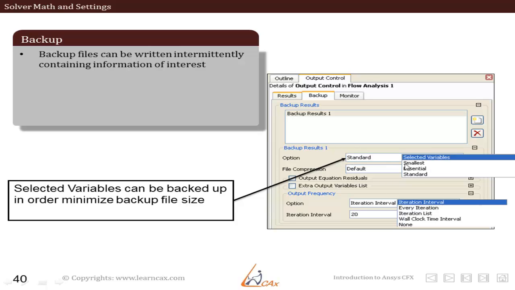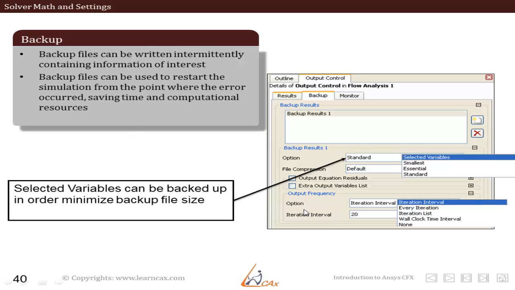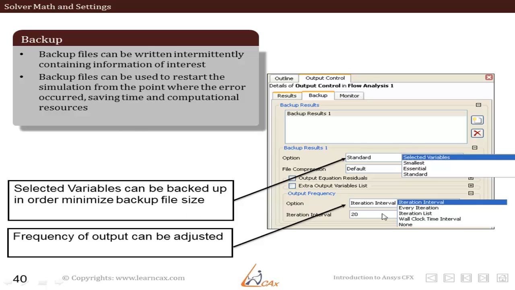There are various options like Standard, Selected Variables, Smallest, and Essential, which decide which sort of variables will be saved. The fewer the variables, the smaller the size of the backup file. And then there is the output frequency, that is, after how many iterations the backup files will be saved. So if you give 20, then every 20 iterations, backup files will be saved.